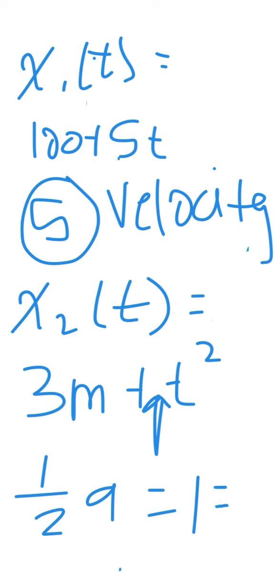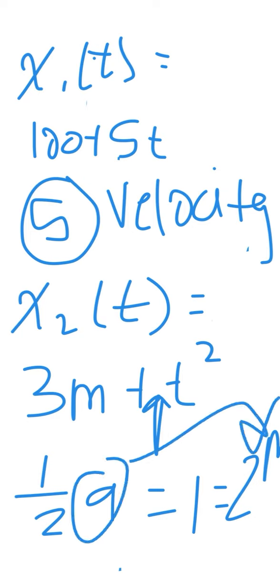So we know that the acceleration is 2 meters per second squared, because in order for 1/2 times a to equal 1, a needs to be 2. So now we have 2 and 5.